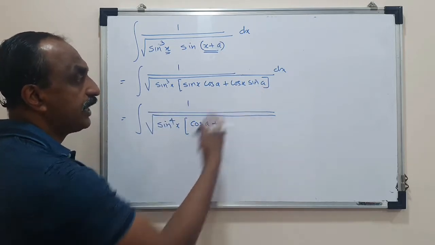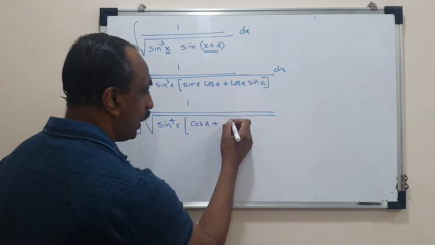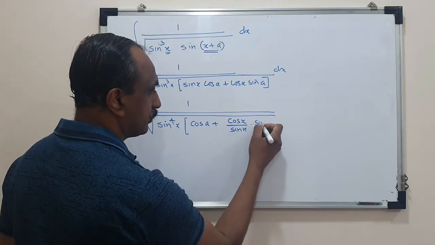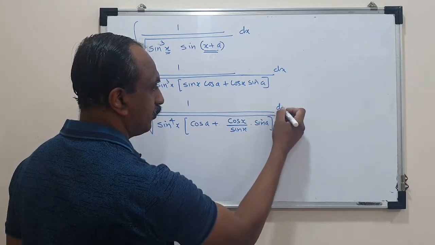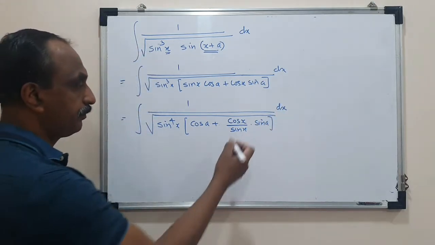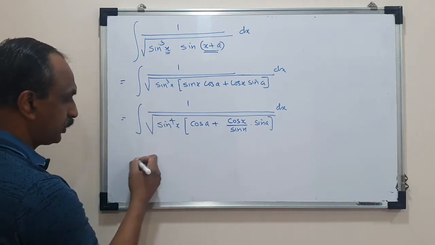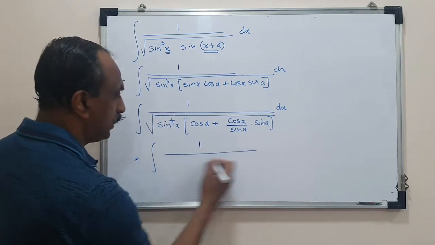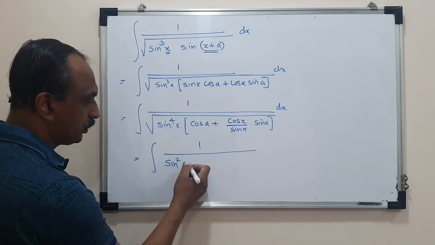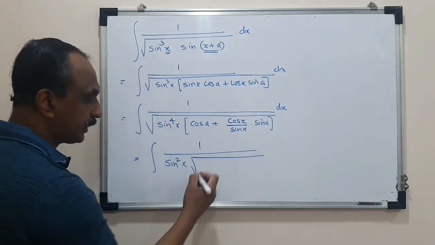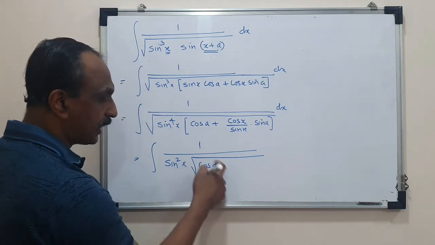What about this? There is no sin x here. How will you do it? So I'll have to divide by sin x. Now that became cot x, and this became sin square x. So I can write now this as sin square x, the root, and sin raised to 4x gone. Inside the bracket I have cos a, which is like a number constant.